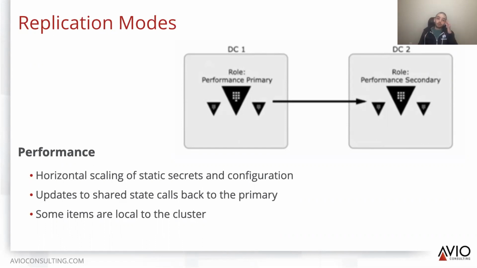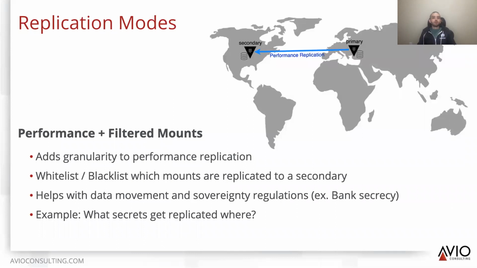Also, when a secondary cluster is promoted to act as primary, applications must re-authenticate and obtain new leases from the newly promoted cluster. So for this reason, it's recommended to place a secondary cluster that is hosting secrets and services within the same data center, or as close as possible to the resources or applications that may be consuming them.